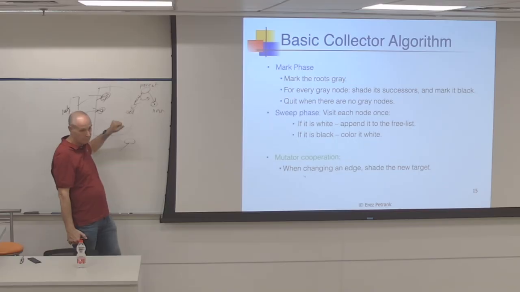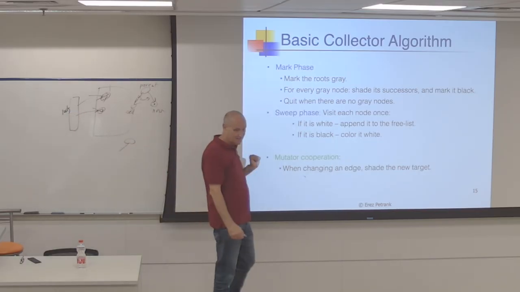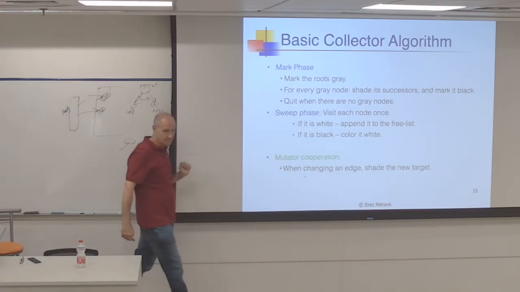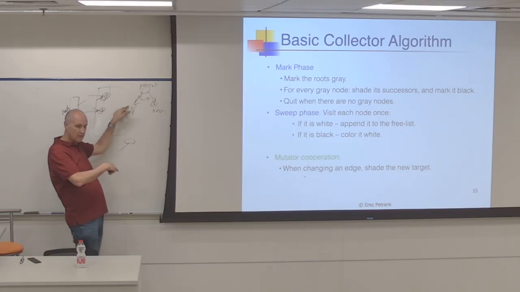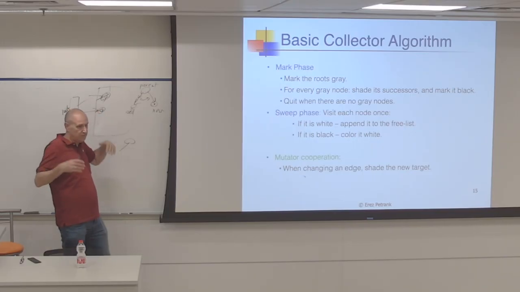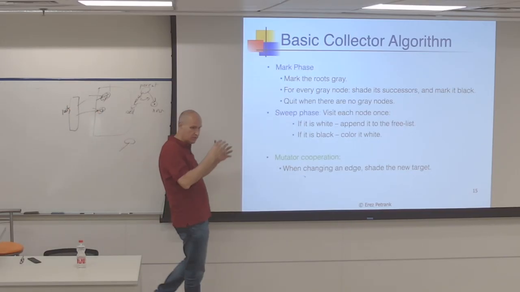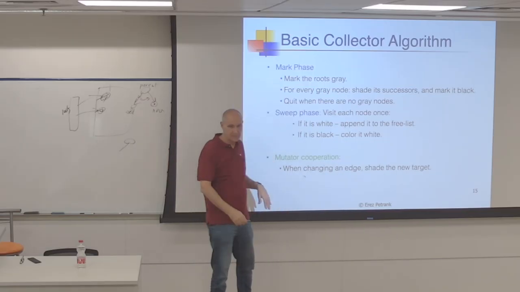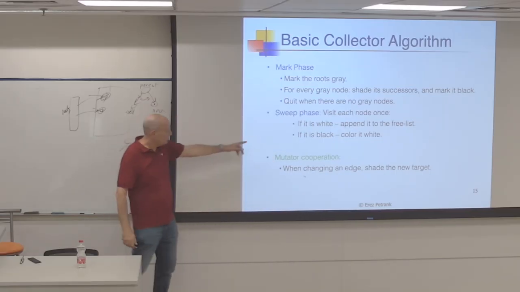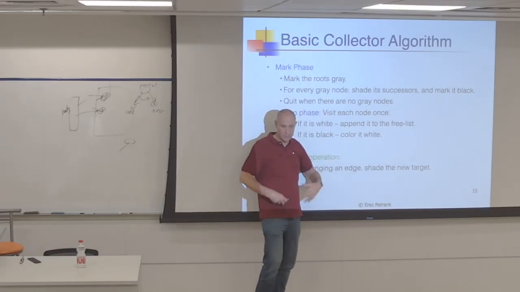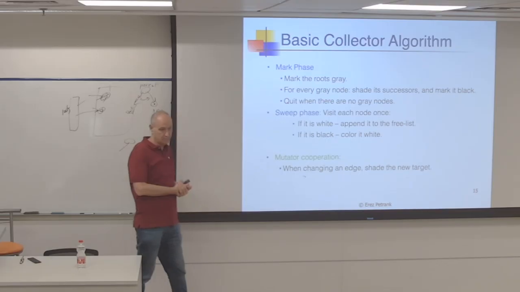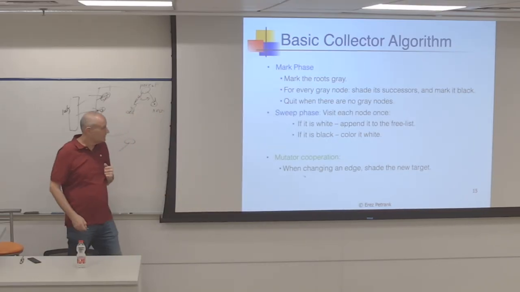The question is, how do we reclaim? This one will not be reclaimed this time because it's black, but the sweep will make it white. And next time it will just remain white because we'll never reach it when we trace from the roots. So it's important that the sweep takes any black thing and makes it white to prepare for the next collection, so we can reclaim stuff.